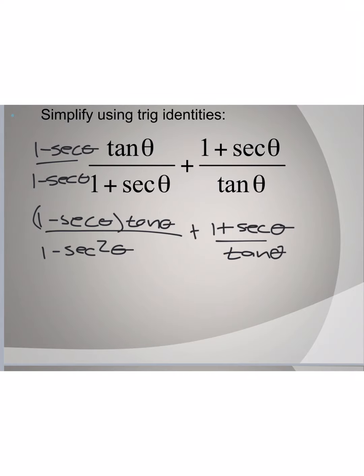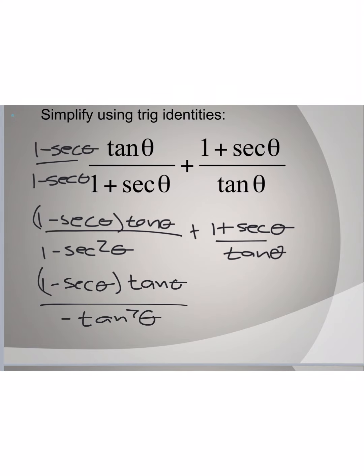If we go back to our Pythagorean identities, I know that 1 plus tangent squared is equal to secant squared. So then 1 minus secant squared is going to equal negative tangent squared, which means I now have 1 minus secant times tangent divided by a negative tangent squared. I can go ahead and do some cross canceling here.